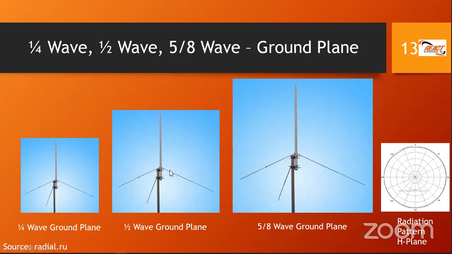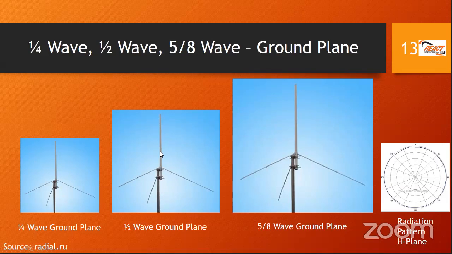Those other elements that you're seeing off to the side, this is certainly not the driven element, all right? Those are called radials. So we have radials that comprise the antenna. This piece at the bottom here is simply the mast or the pole that the antenna would be mounted on. So this is the mast here.